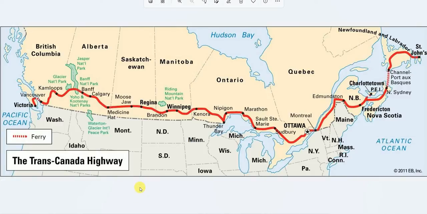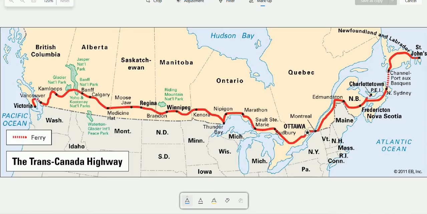I think you may be seeing here the west coast, Vancouver is here, connecting with Saint John's here. This red line shows the Trans-Canada Highway.